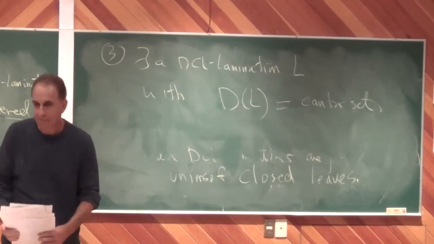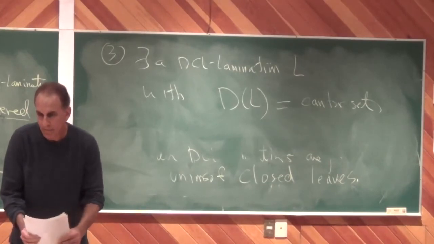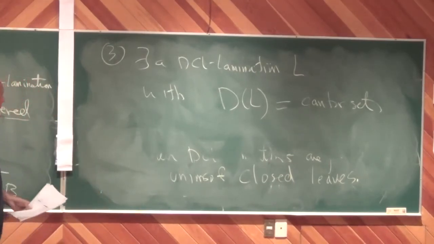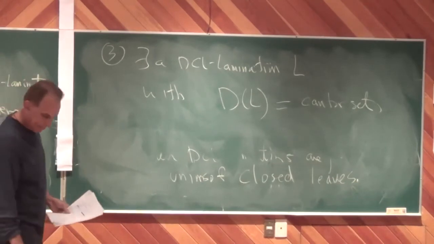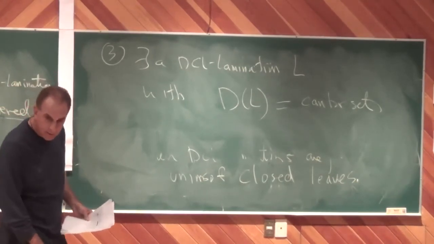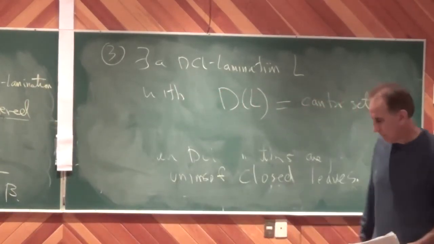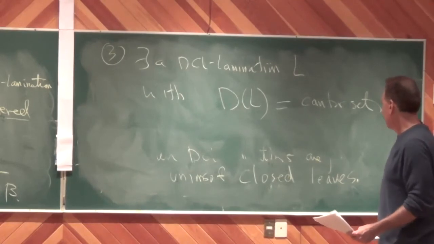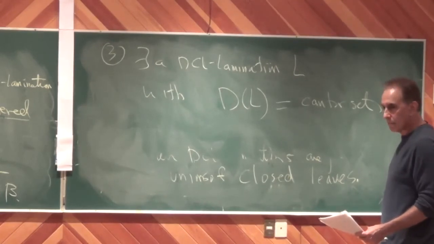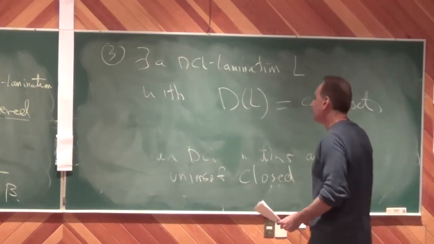In your number 3 in the corollary, can you find a DCL lamination such that DL is a whatever subset of the Cantor set?